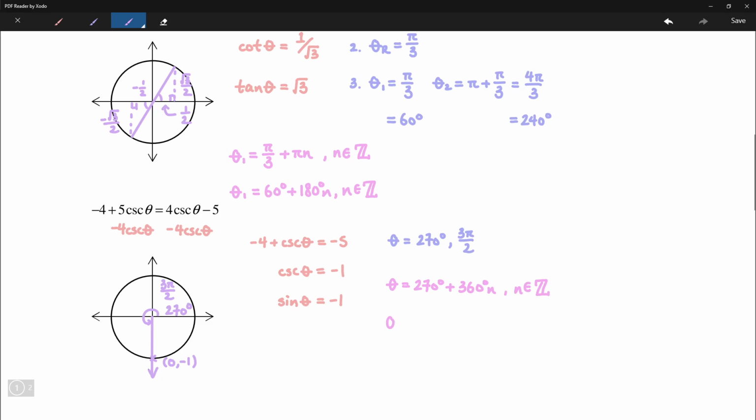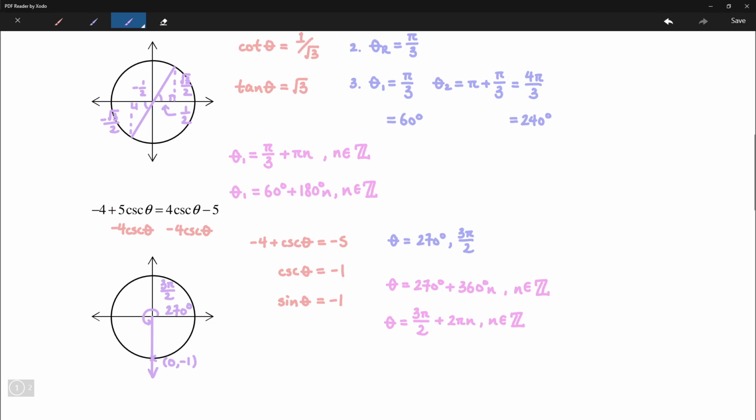And then for radians, we have 3 pi over 2 as the principal angle, and then we'll add 2 pi multiplied by n, where n is also, once again, an integer. So in general, we are going to be adding 360 degrees n and 2 pi n for cosine and sine questions, and pi n and 180 degrees n for the tangent question, just because of what quadrants the answers can land in.